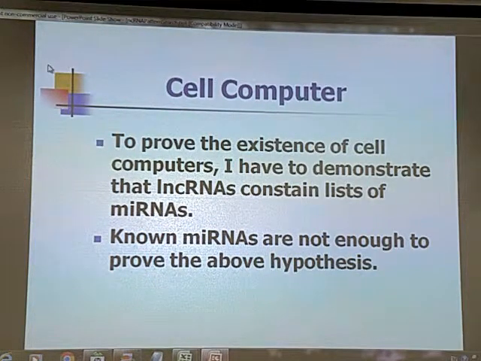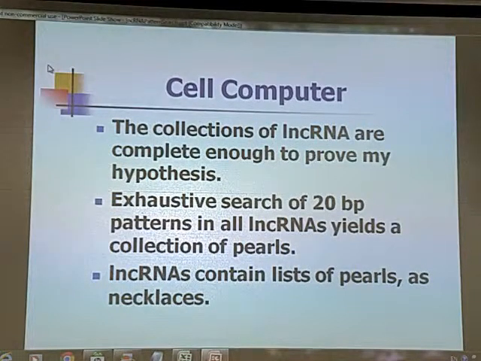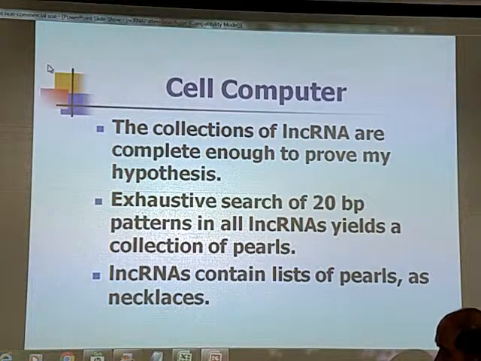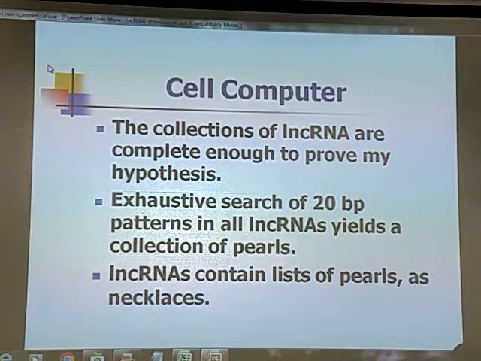So I need to extend this space. I would go over and above the known microRNA and look for pairs, look for 20 base pair patterns which might be microRNA.